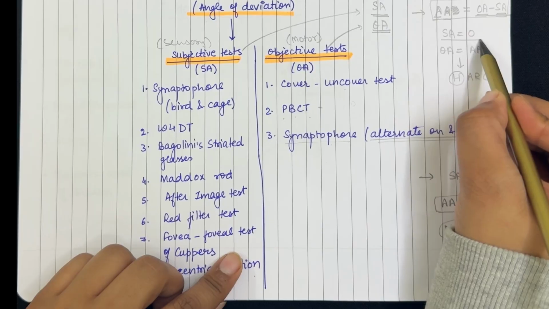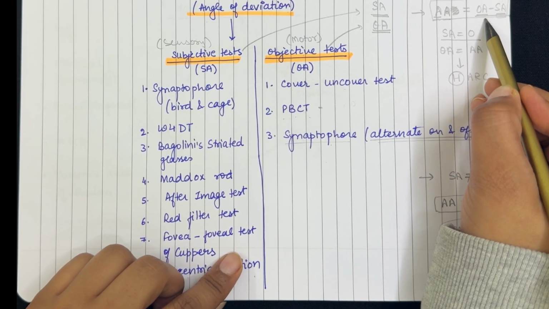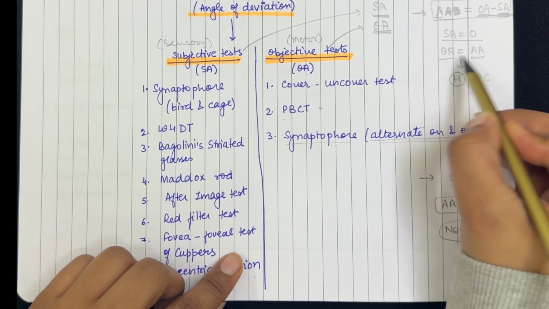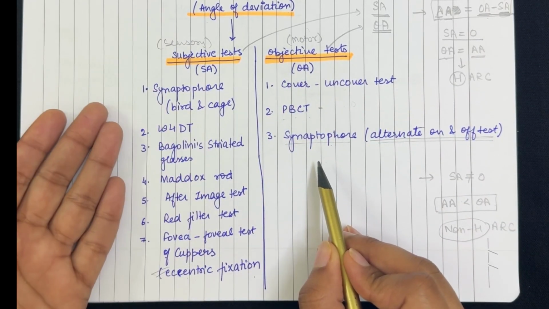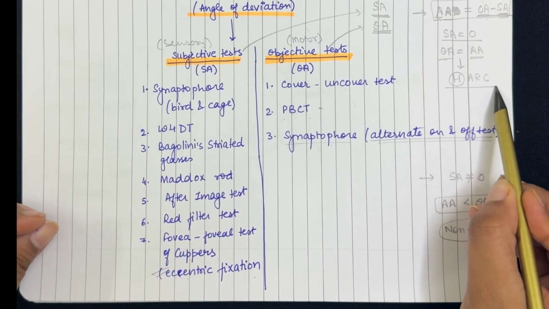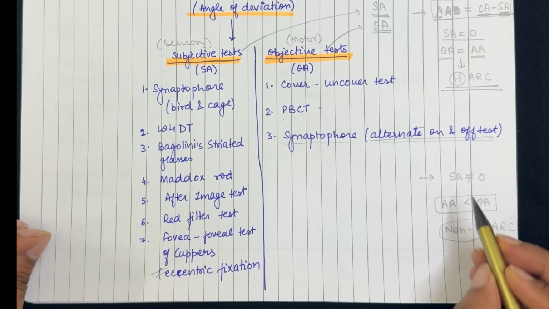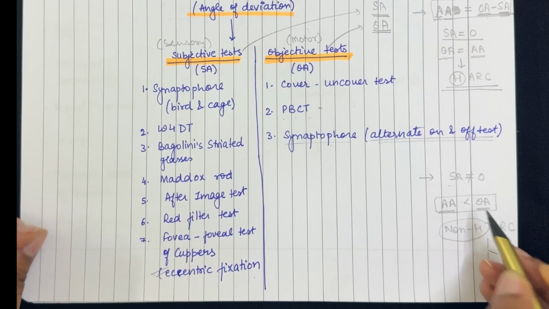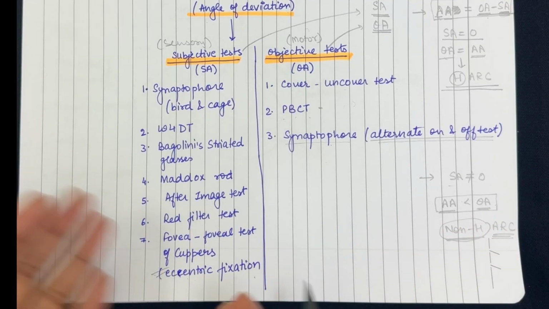So if the subjective angle is 0, then the angle of anomaly is equal to the objective angle, that is, the angle of deviation is equal to the objective angle. So the motor is maintained, there is nothing like that in the sensory. This is called harmonious anomalous retinal correspondence. Now if the subjective angle is not equal to 0, then the objective angle is more than the angle of anomaly. So this is non-harmonious ARC.